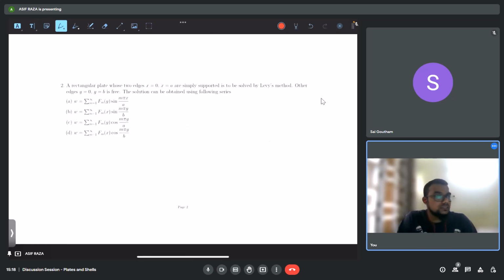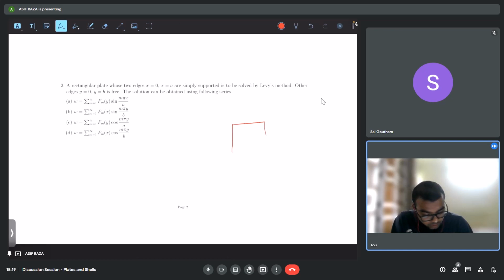The second question would be, a rectangular plate whose two edges x equal to 0 and x equal to a are simply supported is to be solved by Levy's method. Other edges y equal to 0, y equal to b is free. The solution can be obtained using following series.